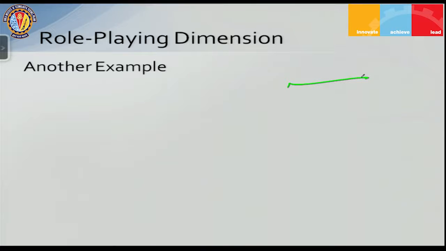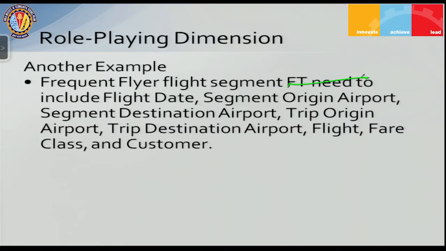Now let us look at another example, and then I'll try to wind up by telling you something about the OLAP tools that work on top of a data warehouse in terms of role-playing dimensions. So for frequent flyers, the flight segment fact table needs to include flight date, segment origin airport, segment destination airport, trip origin airport, trip destination airport, flight, fare class, and customer.